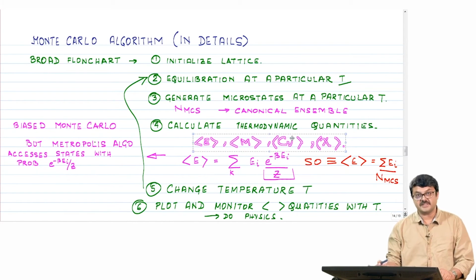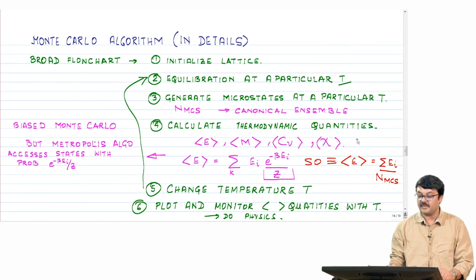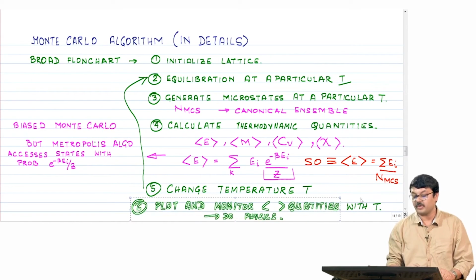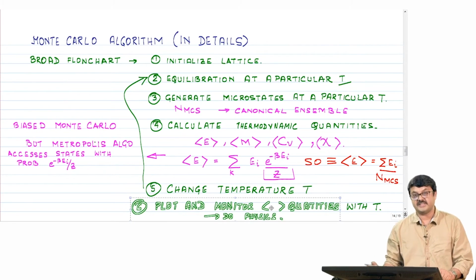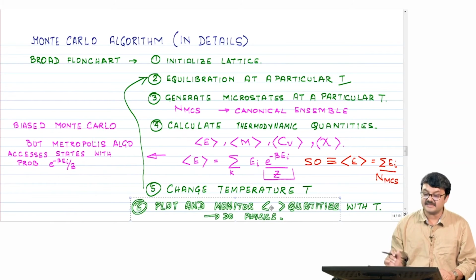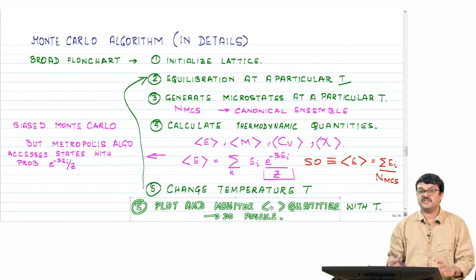You keep on changing temperatures and calculating these quantities after suitable equilibration. Then we do the physics: plot and monitor how these various average quantities change with temperature, and extract the physics out of it. So, this is the basic broad flow chart of what we shall be doing, right.